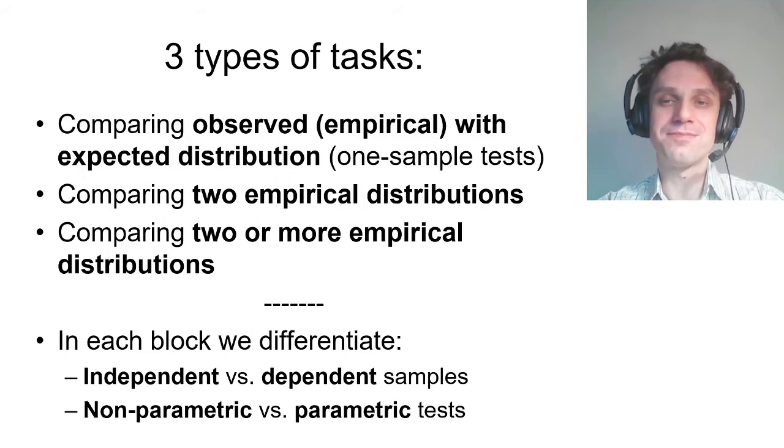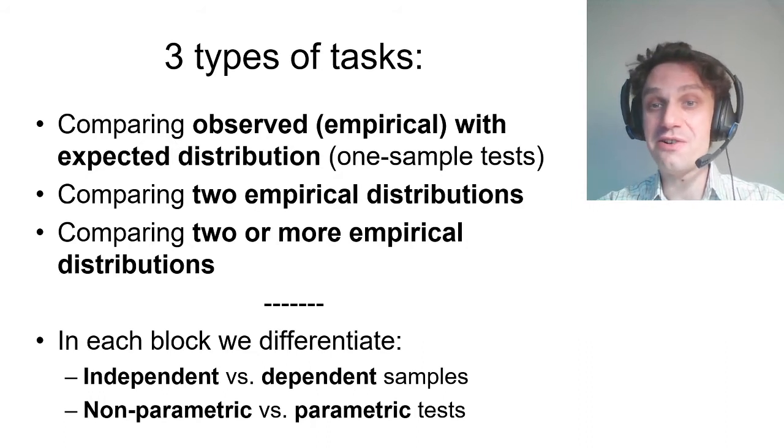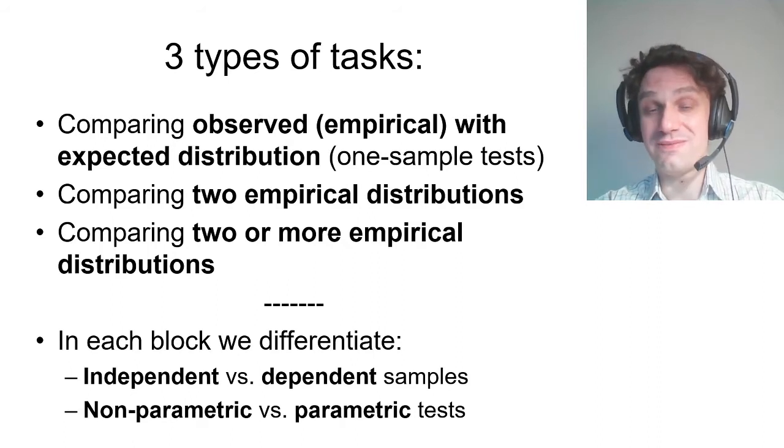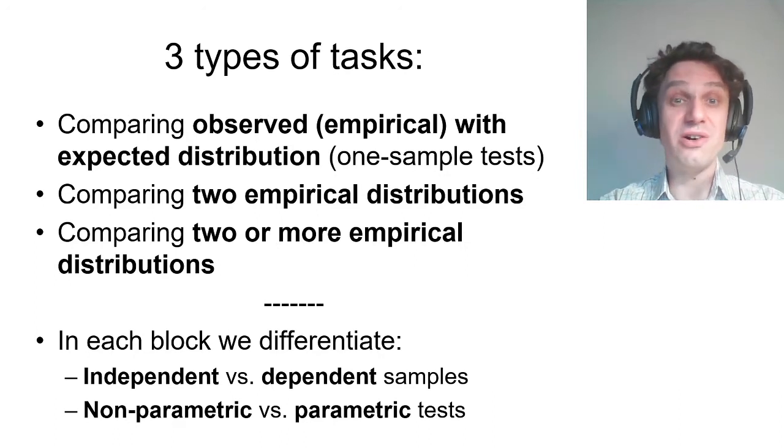There are three characteristics that we need to be aware of when we are choosing a statistical test. First of all is the task, our goal. And today we will discuss three different goals.